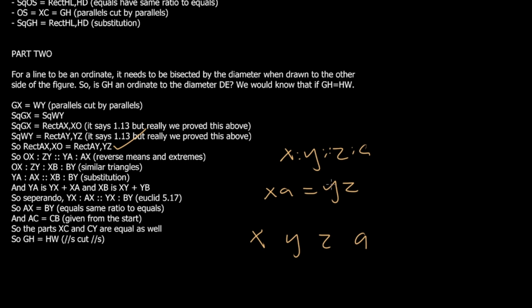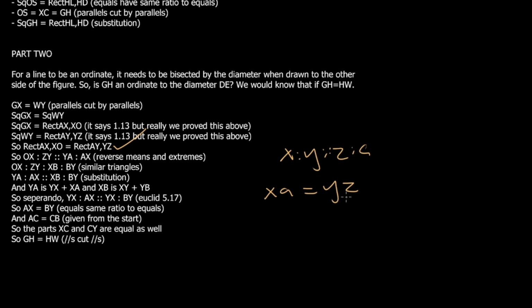Once you have it like this, if you're doing reverse means and extremes, the order doesn't matter. So you could, for example, write zy, and that would still work out. Even though it's yz here, zy doesn't matter.